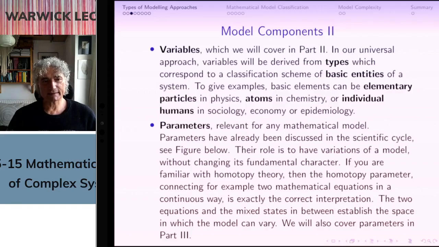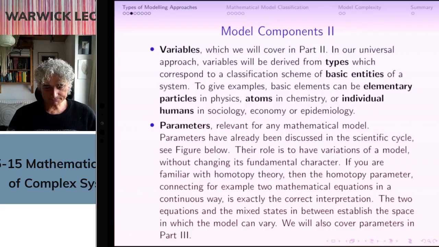So two possible incarnations of a model can be connected by a smooth path in model space, and then the homotopy parameter would tell you how far you are from one end of the model in this path, and how far away you are to the other extreme, ending up in the other model. So parameters are, let's say, the second most important ingredient of such a model.